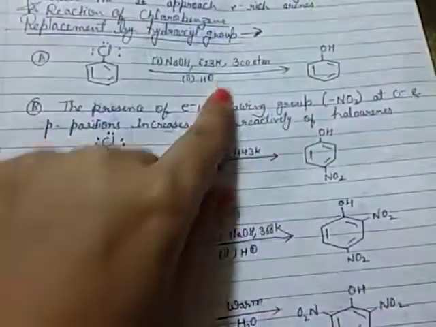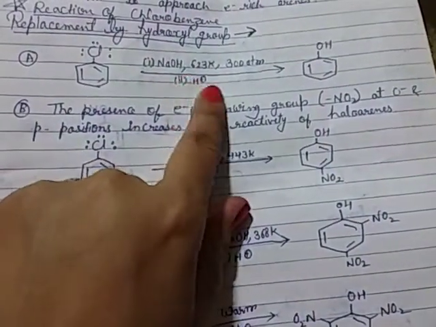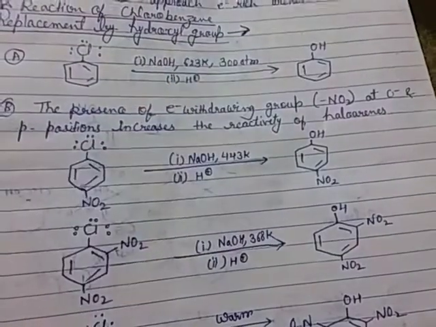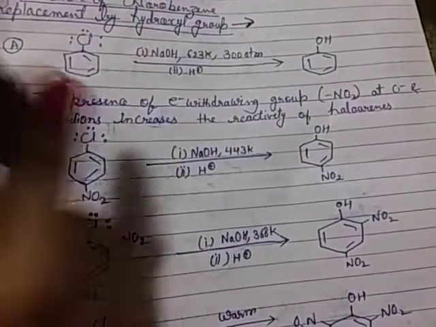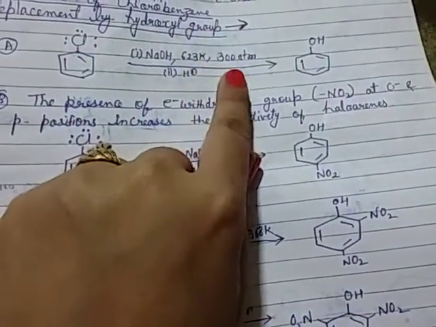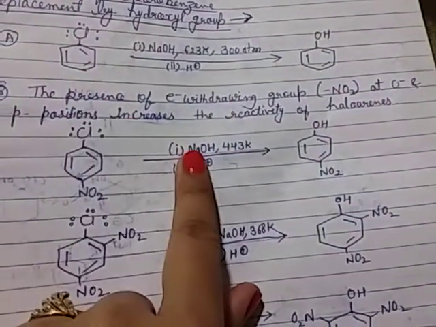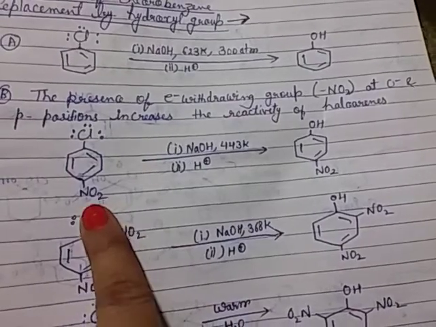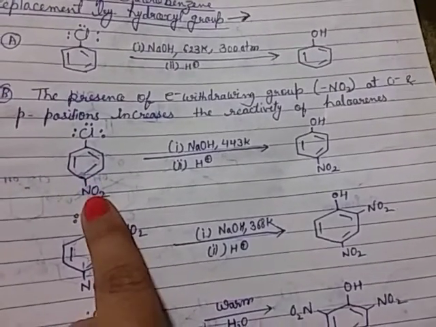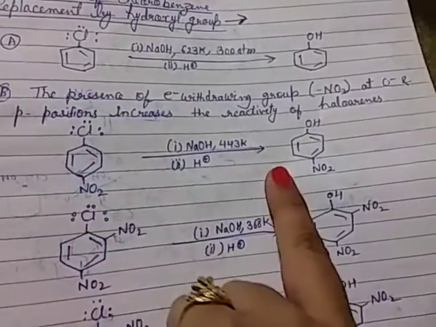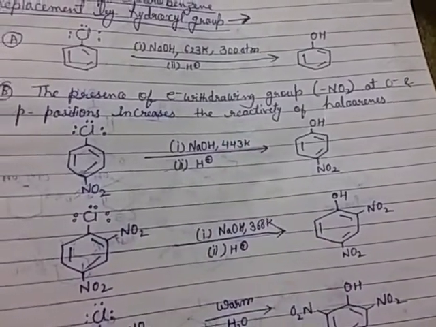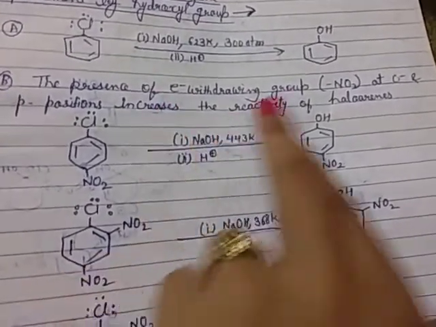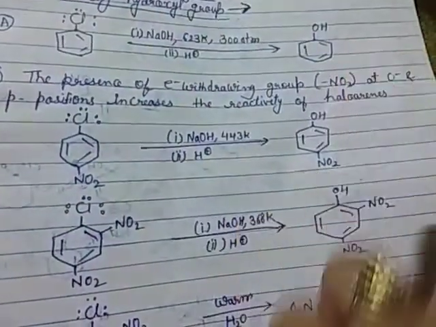Where no electron withdrawing group is attached, the temperature is 623 Kelvin. So less temperature is required, because an electron withdrawing group is attached at the para position. The same product is formed, only Cl is replaced by OH.